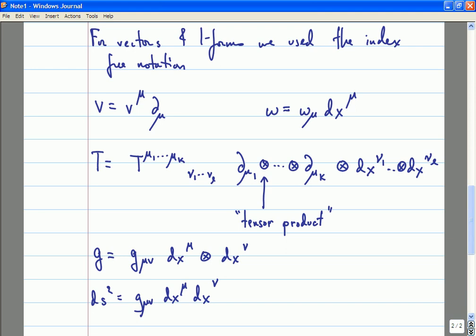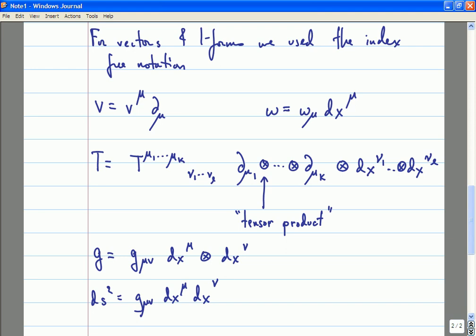There is a set of words associated with this index-free notation. So just as we say that vectors live in the tangent space and one-forms live in the dual tangent space, you can say that a rank (k, l) tensor lives in the kth power of the tangent space times the lth power of the cotangent space.